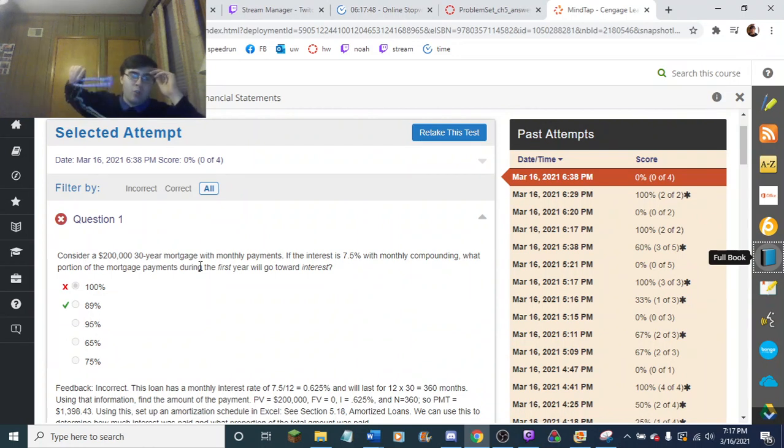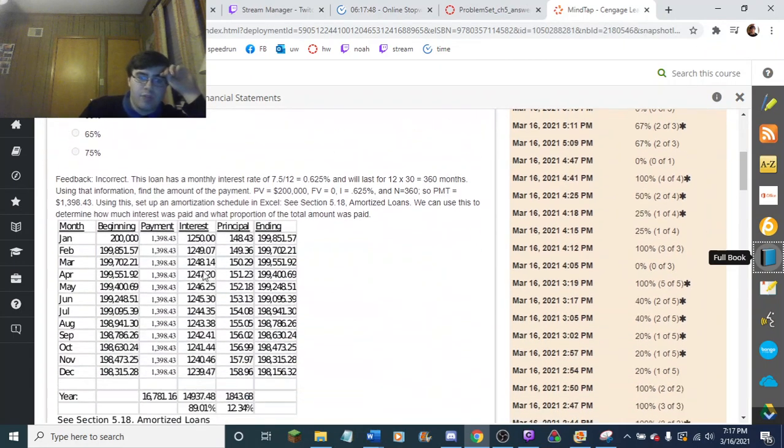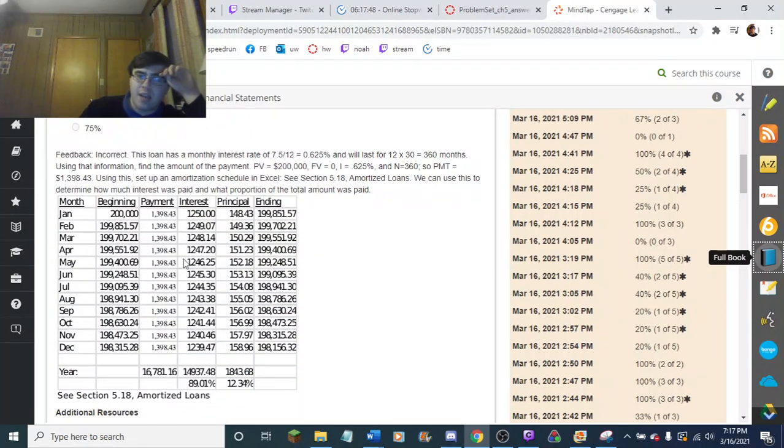So I'd have to write down 12 different numbers and then add them up. Actually, no, the payment is the same every time, so you just do the number times 12, but still. For some reason, I thought it was going to be 360 times, though.